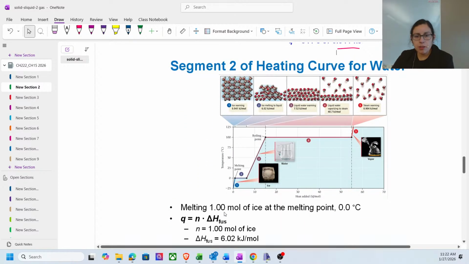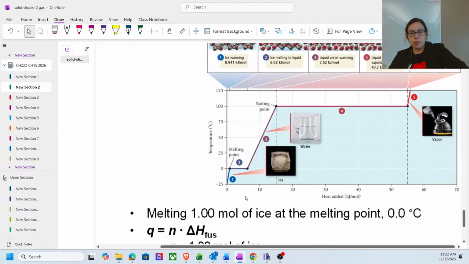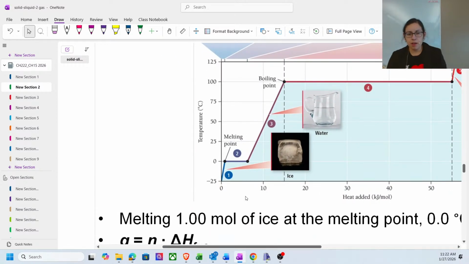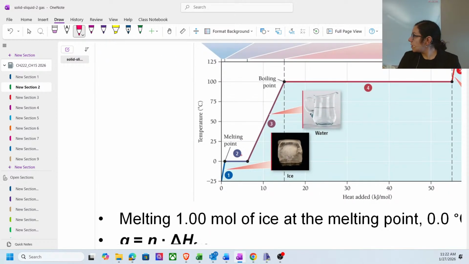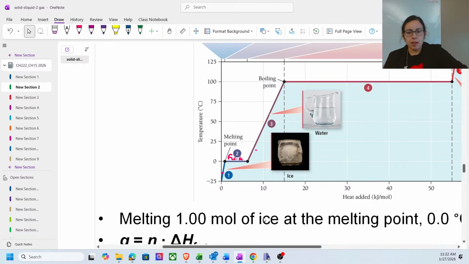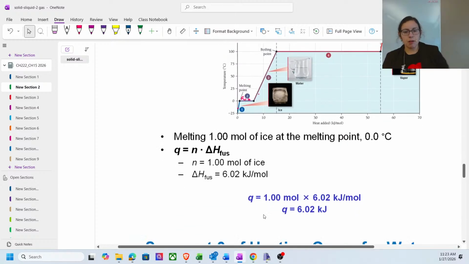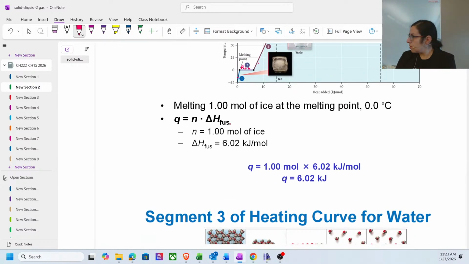And so now we do our leg number 2. Now it's time for the state change. Because we're going from solid to liquid, that's where we look up our heat of fusion. Again, we have to look up our relevant heat of fusion for water. And so we get this number, 6.02 kilojoules per mole.